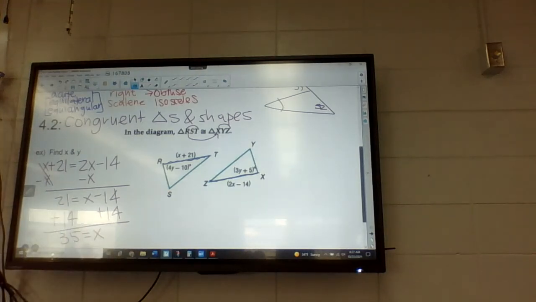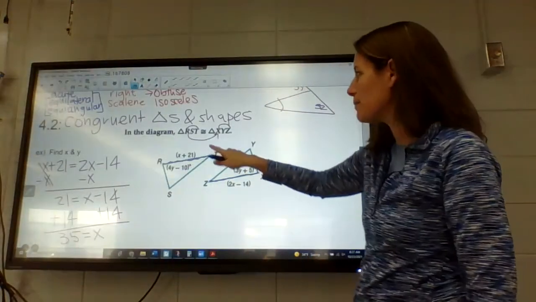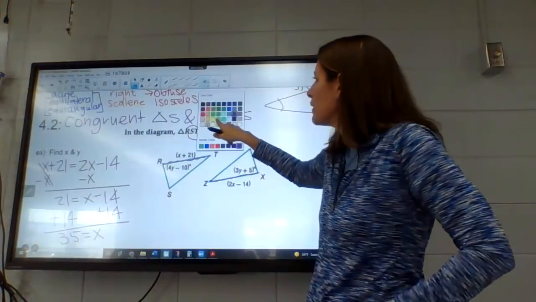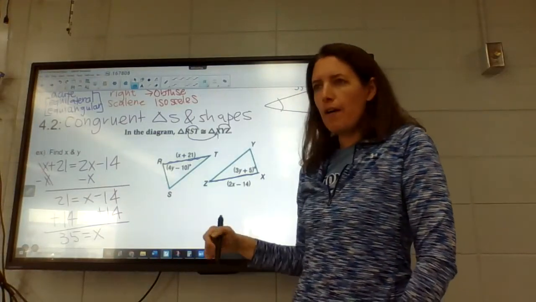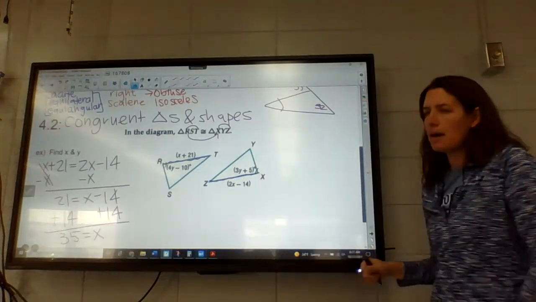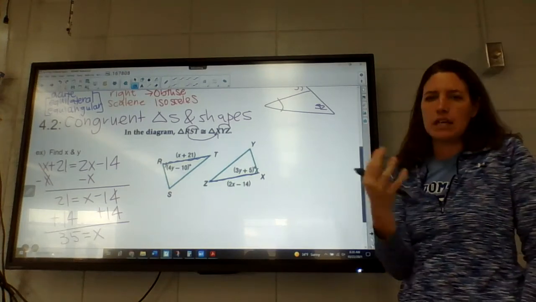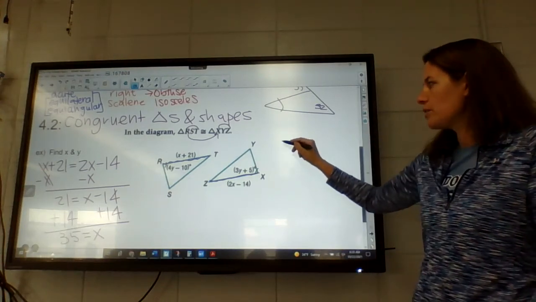So I believe X ends up being 35. And then we're gonna do the same thing with the Y's. Those angles match up like I mentioned before. But again, just be careful on the test that I'm not always gonna only have those two things marked. I might have a few other angles marked as distractors, so that you don't just set everything equal that you know. But these two angles should be equal.